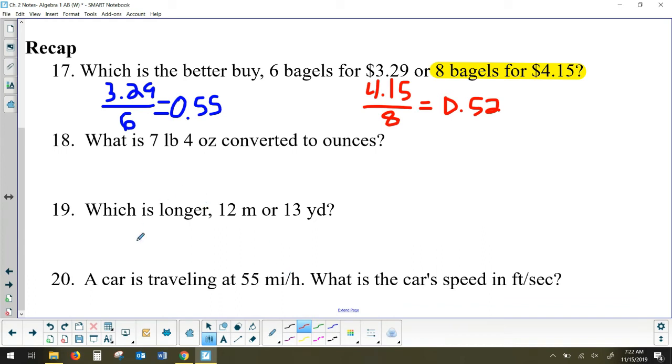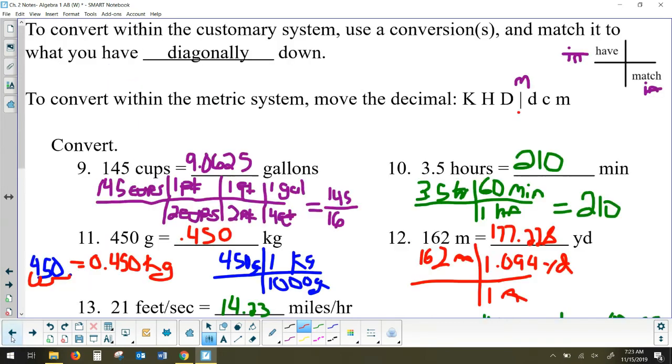Alright, we want to know what 7 pounds and 4 ounces is when it's all converted to ounces. How I look at this is that I have these 4 ounces. I can't forget about them, but I can leave them for now. But I have this 7 pounds that I need to make into ounces. I look back at my conversion chart.